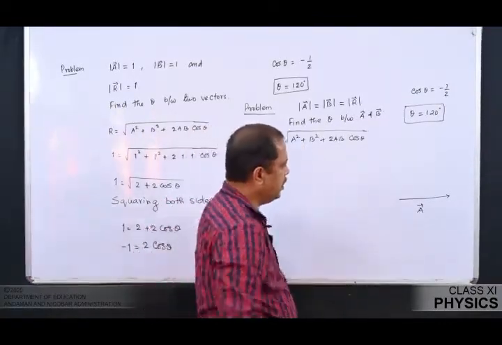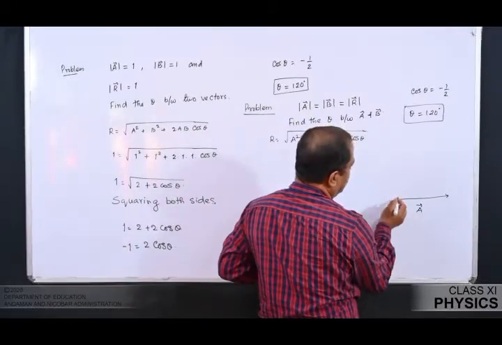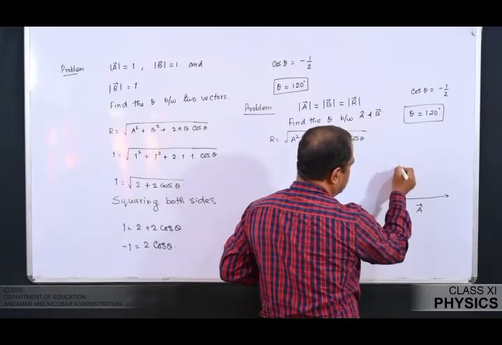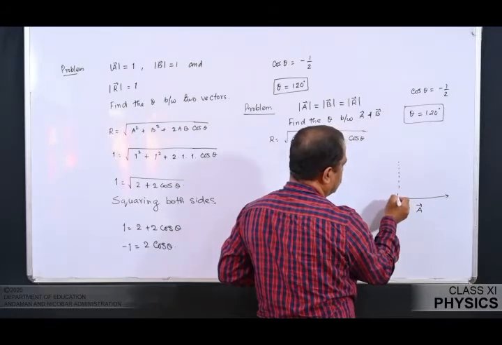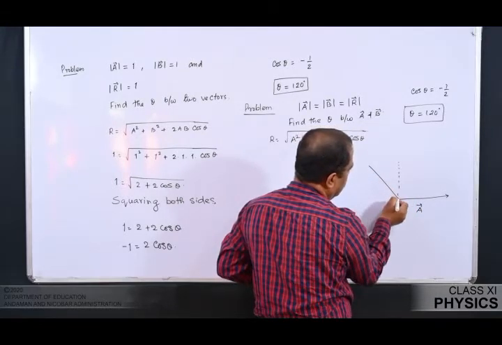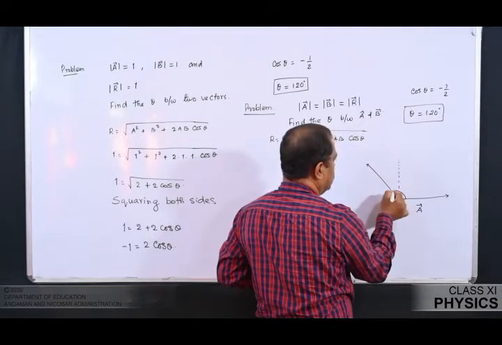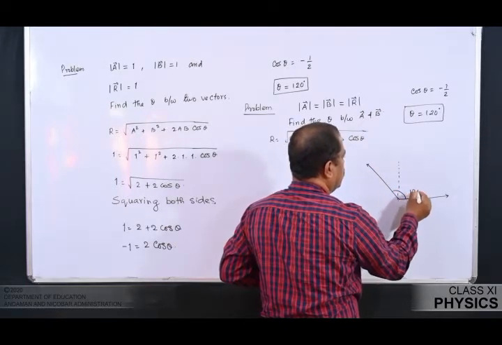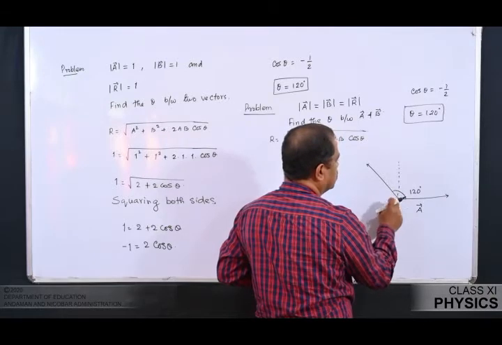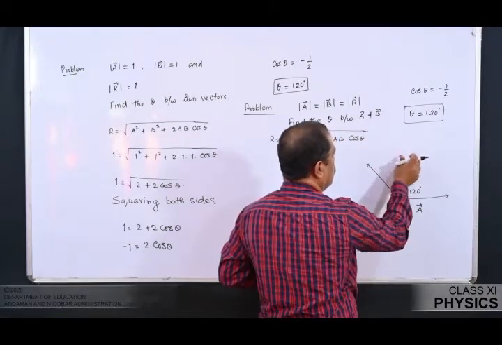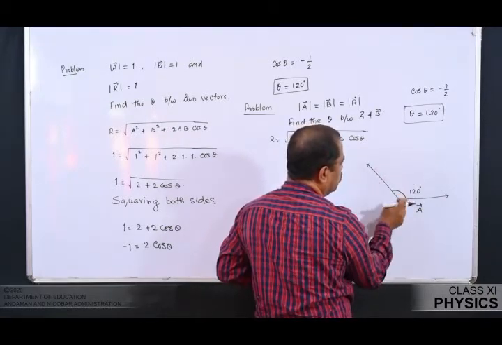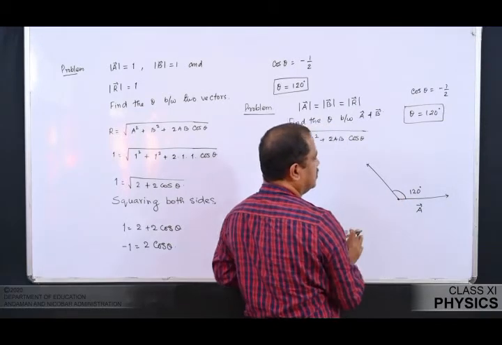So this is vector A and vector B. To get 120 degrees, this is going to be 90 degrees, so somewhere here. So say this is 120 degrees, because we know the angle between two vectors is the angle when the two vectors have their tails coinciding at the same point.